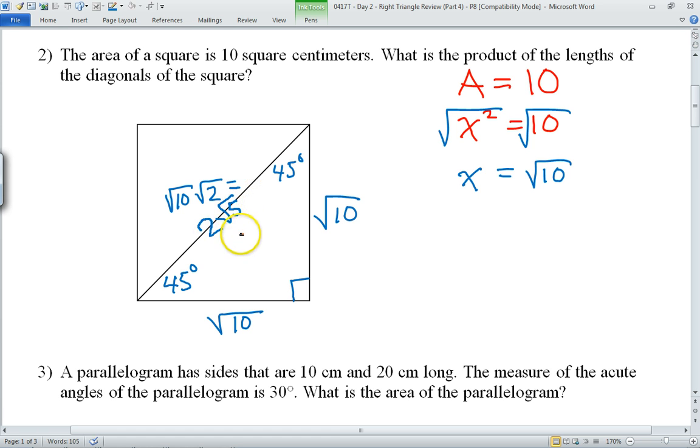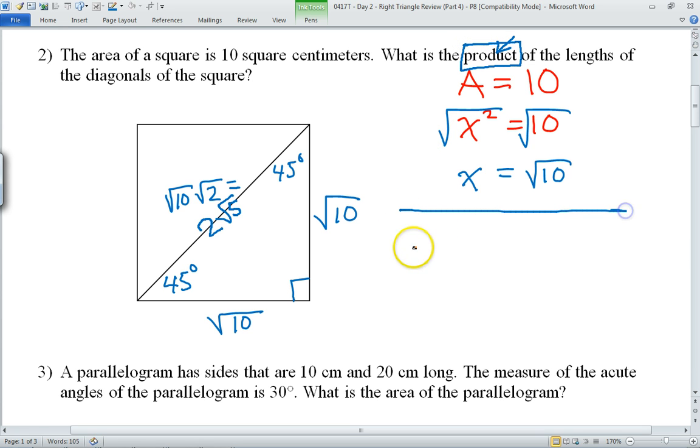Okay, now that is the diagonal. The diagonal is 2 radical 5. Now we're supposed to find the product of the diagonals. What does the word product mean? Well, hopefully you said that product means that we multiply.